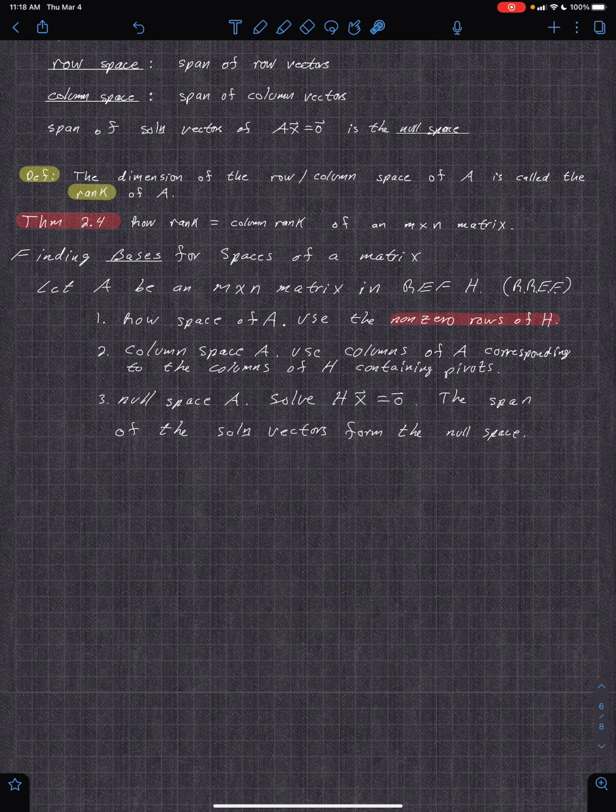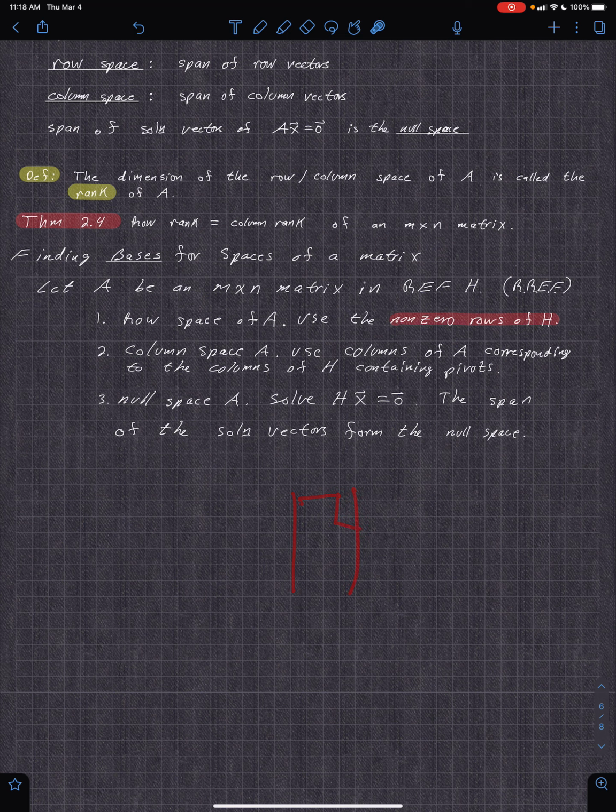Okay. For the column space of A, use the columns of A, not H, corresponding to the columns of H containing pivots. So you go down and take the first one, and then maybe there's no change, you don't do anything. And the next one steps down again, and so you take that one.